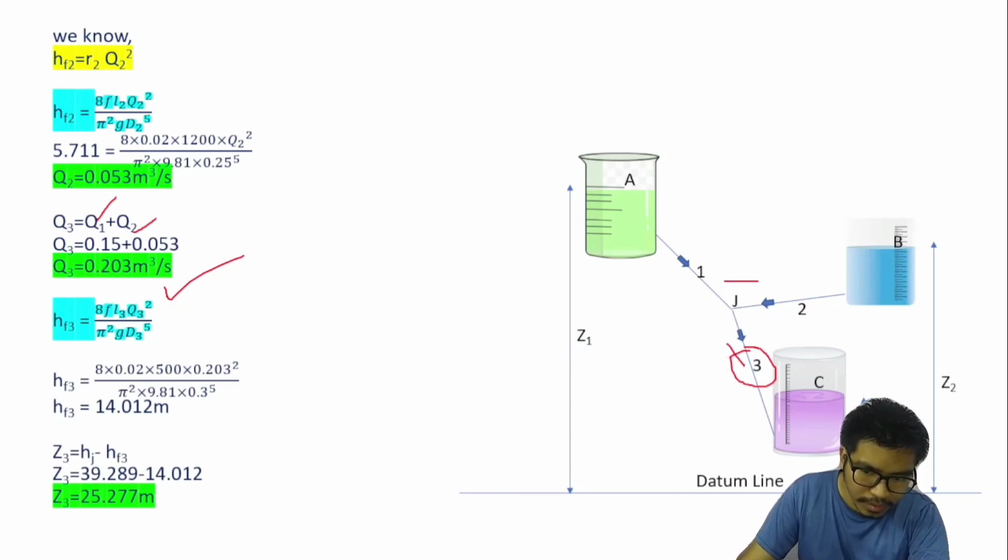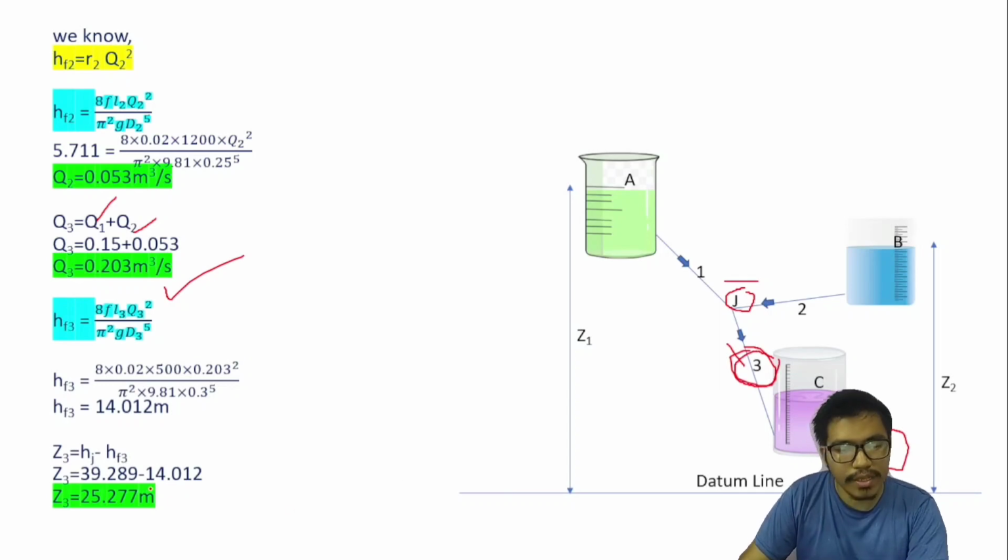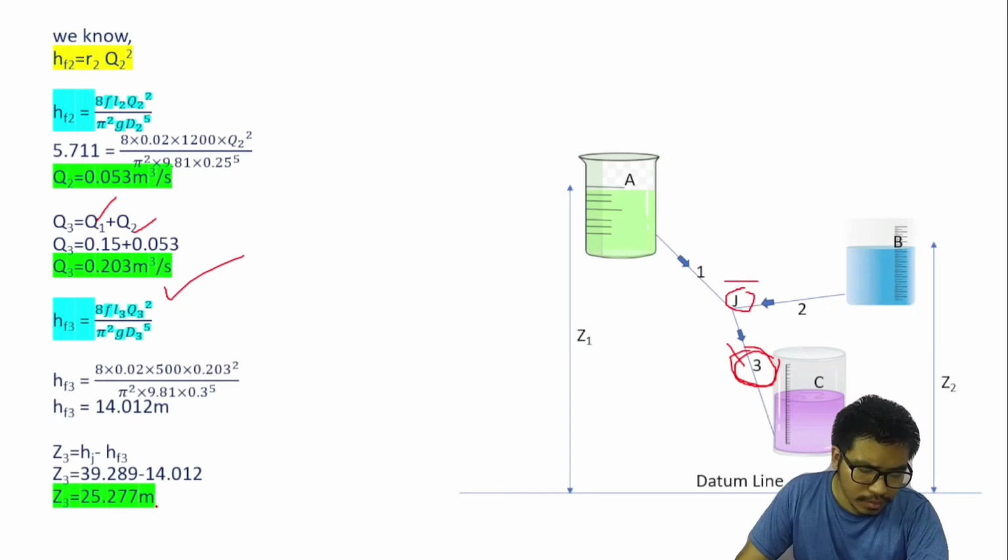So elevation Z3 equals head at junction J minus head loss in pipe 3. So 39.289 minus 14.012 is 25.277 meter. So the elevation of C is 25.277 meter.